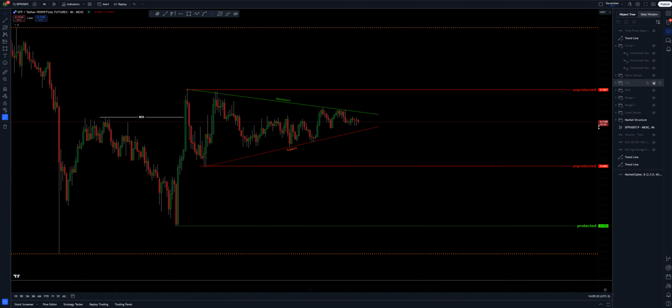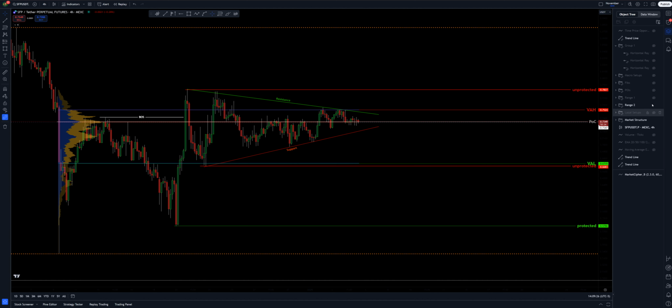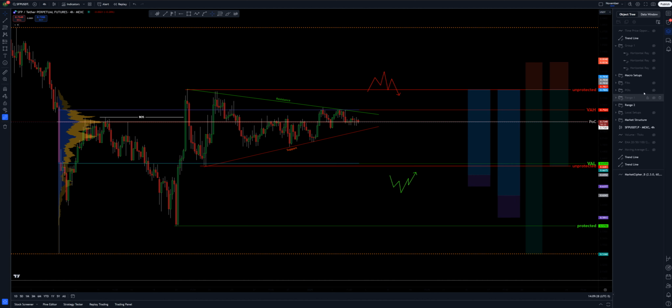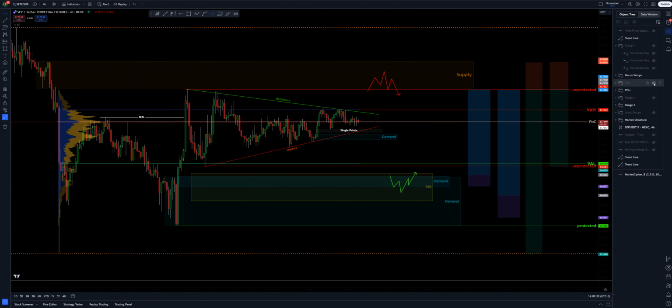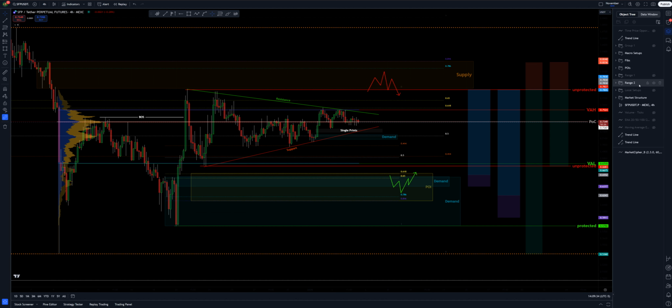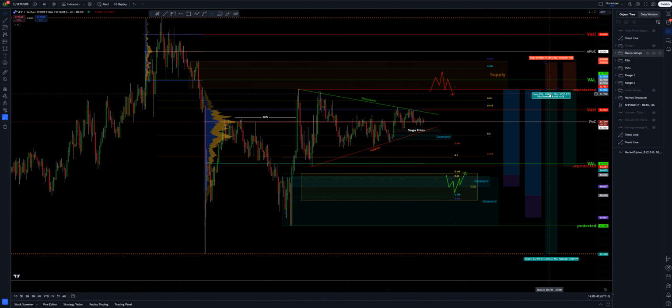Now, when we come and look at the larger range, let's give those macro setups, and I'm going to start putting a lot of my TA on now. Okay, so let's do that as well.